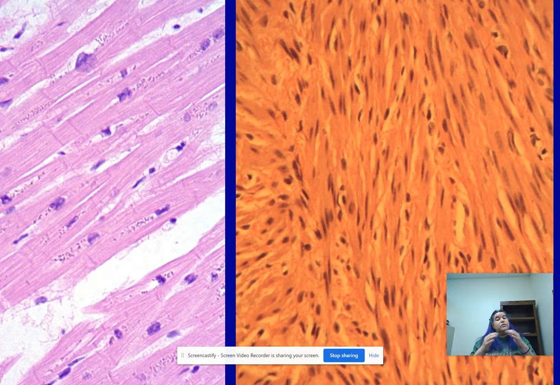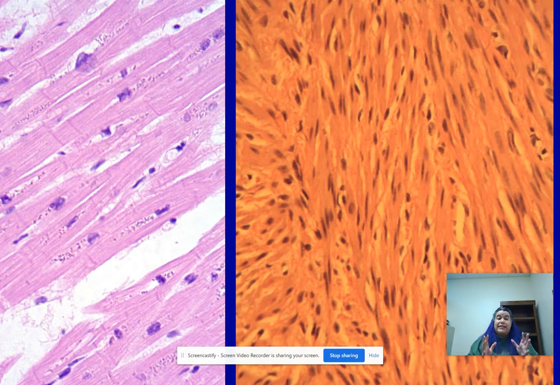So with smooth muscle, the contraction is happening from the outside and not from the inside. That's why you don't see the little stripies that you see in skeletal muscle and cardiac muscle. There we go. That's what I meant to say.